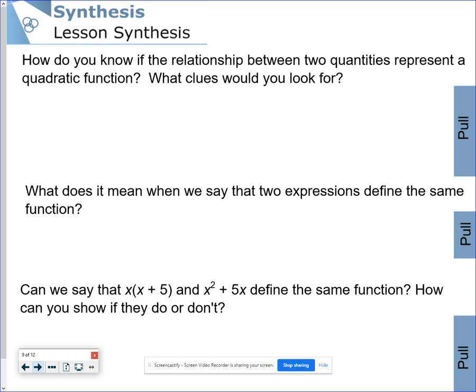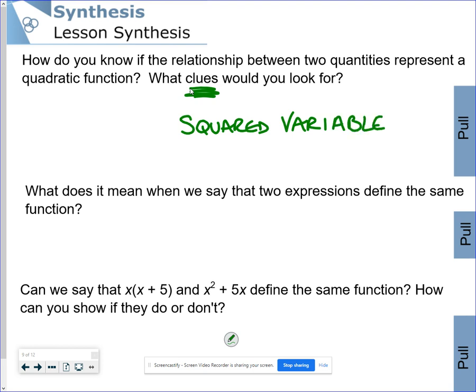So a quadratic function, a lot of times we do look at this in terms of area because we're multiplying a length times a width. But the clue that I'm going to look for is a squared variable. We were almost always using n for our step number, but really that's in terms of looking at just the equation, we are looking for some variable that's getting squared.